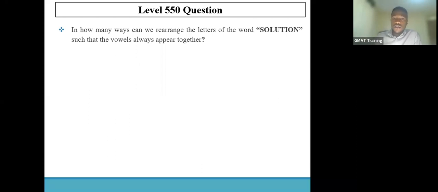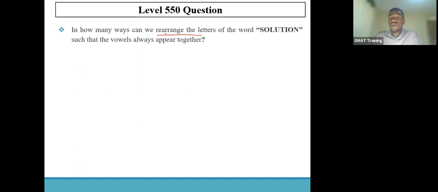Just from the words "rearranging the letters," we can tell that this problem requires us to do permutations, because permutations are applicable when we're trying to arrange elements or items, say in a row, in a circle, or in any form of arrangement.